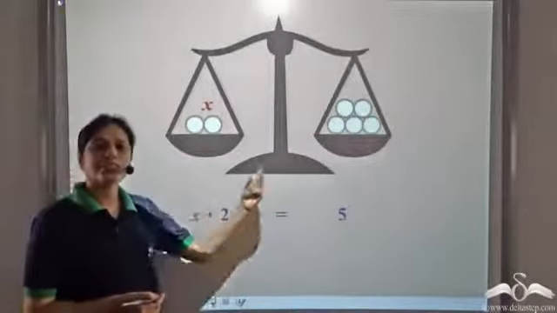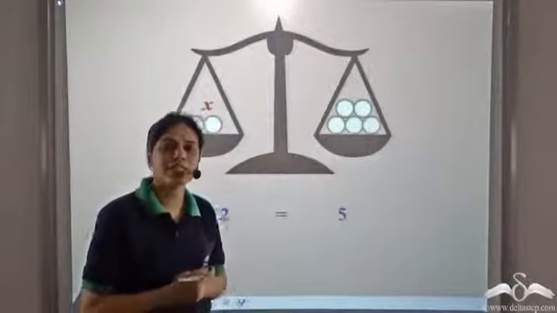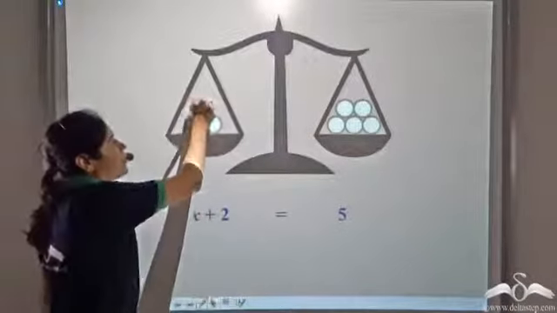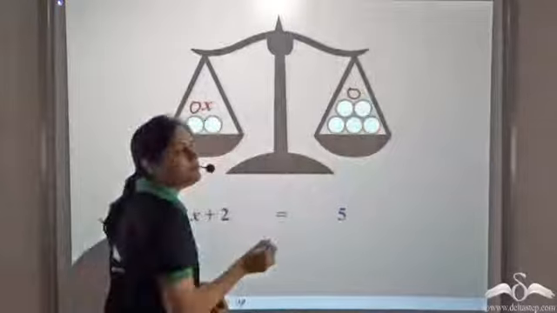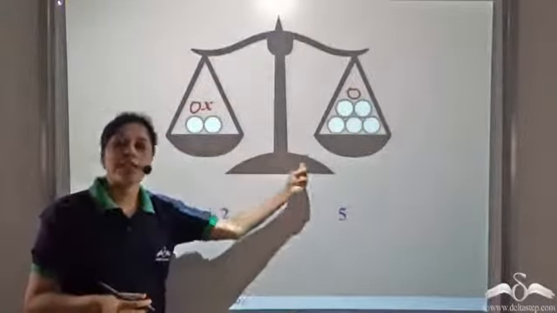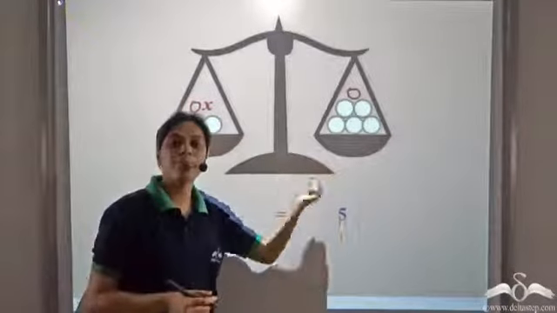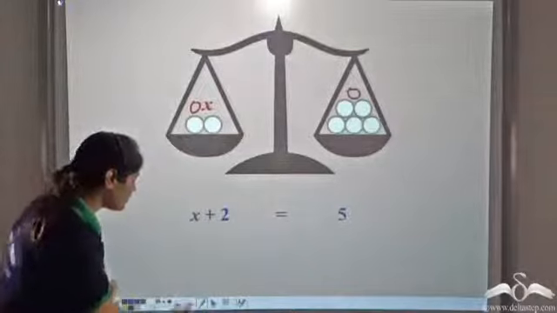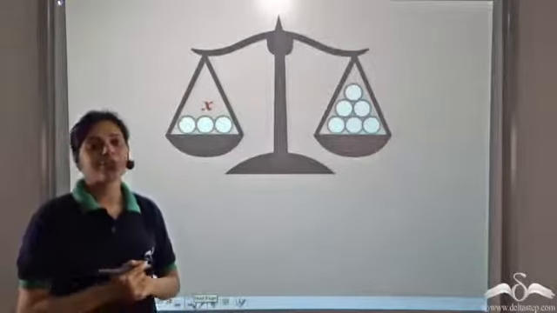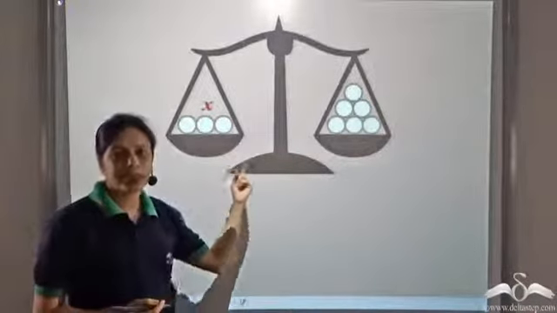Now, this is our scale with x and 2 balls on one side and 5 balls on the other side. Now, what will happen if I add a ball here and a ball here? That is, if I add a ball on both the sides of the scale, that is one ball on this side and one ball on this side, the scale will remain balanced because we have added a ball on each side of the scale.